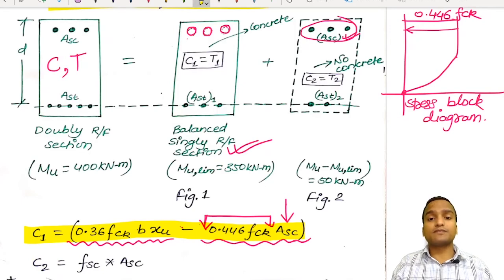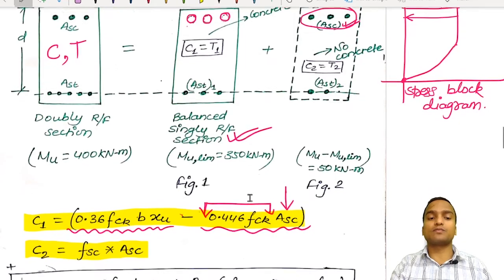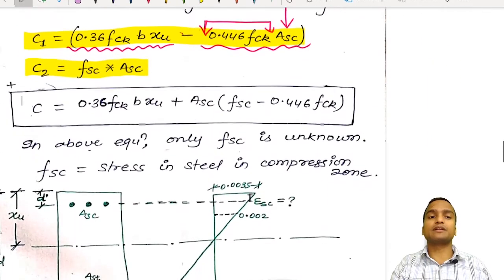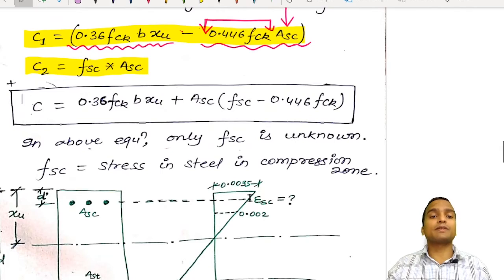So the compressive force C2 in figure 2 will be equal to the area of steel bars in the compressive zone multiplied by the stress in the steel at that level. Now we add these two values of C1 and C2 to get the compressive force in case of a doubly reinforced beam.